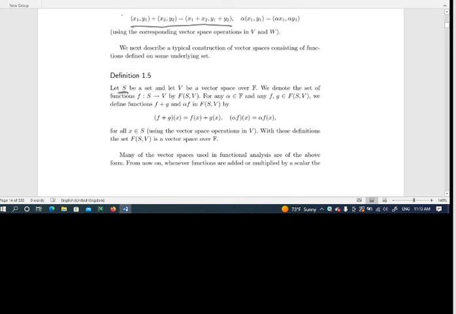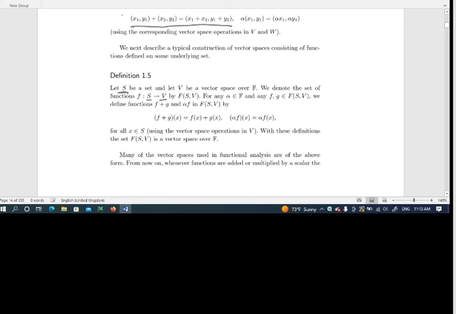Now we define the set of all functions f from S to V, denoted by F(S, V).